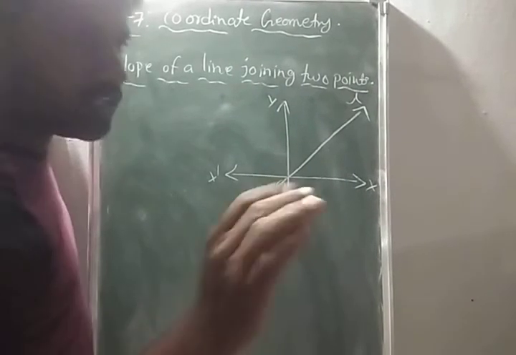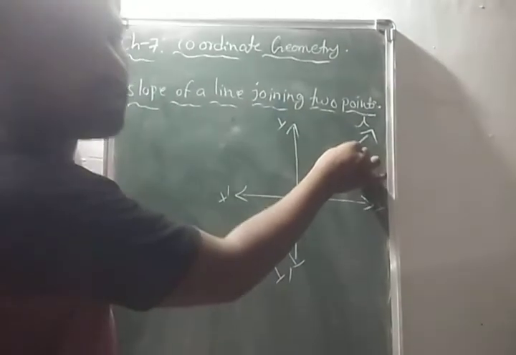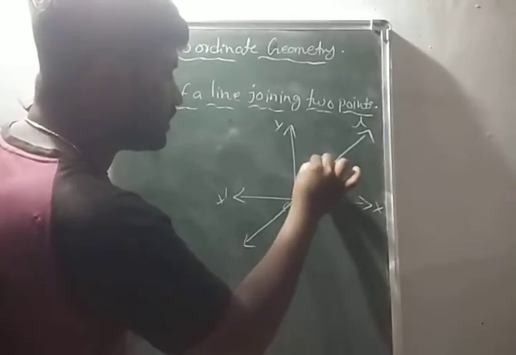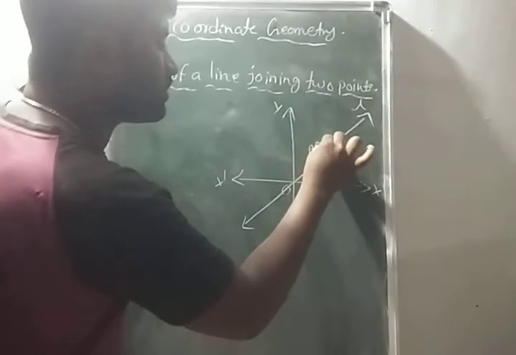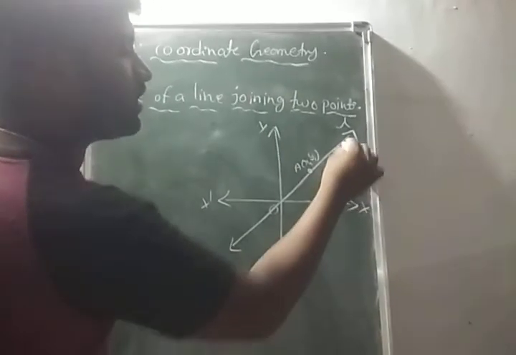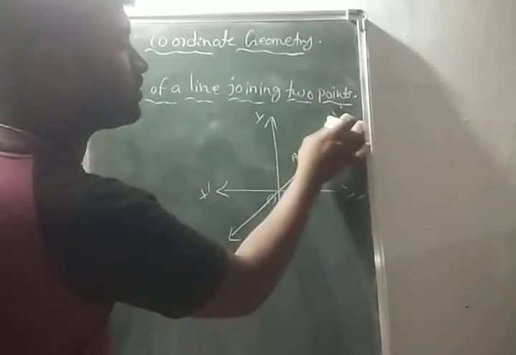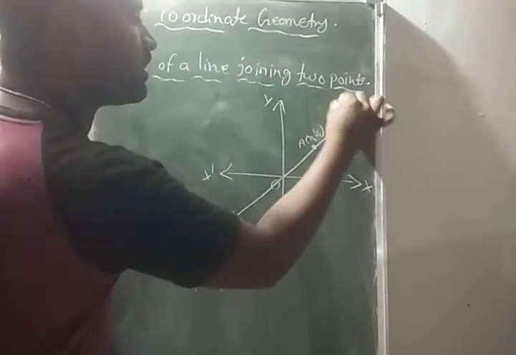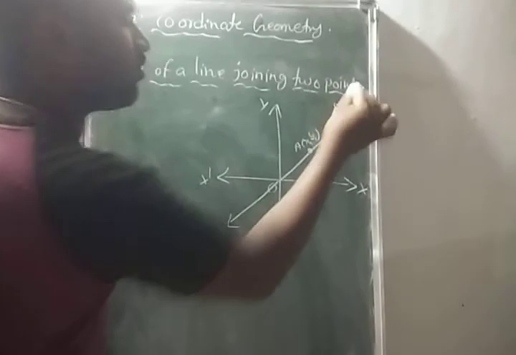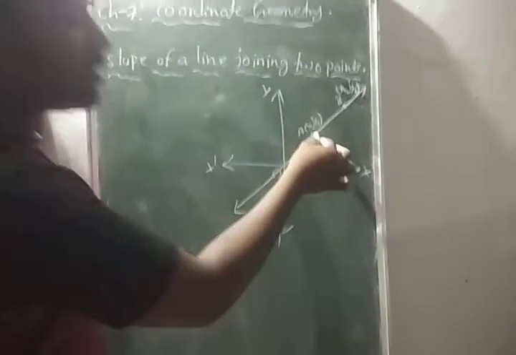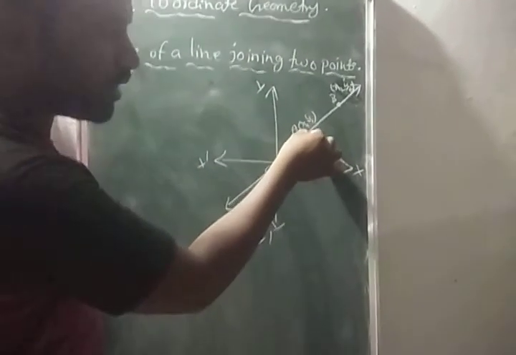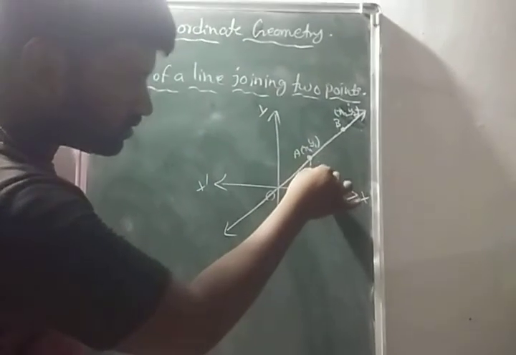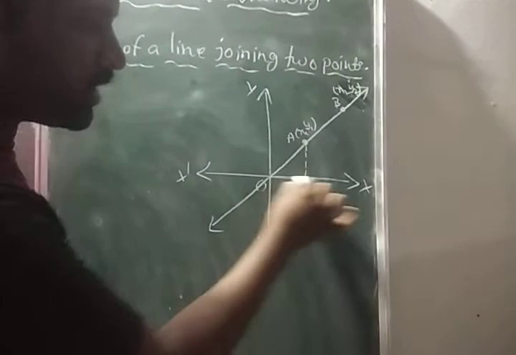I am taking any 2 points on the line. The point A is x1, y1. The point B is x2, y2. Okay? So now from point A, you just draw the perpendicular to ray OX.